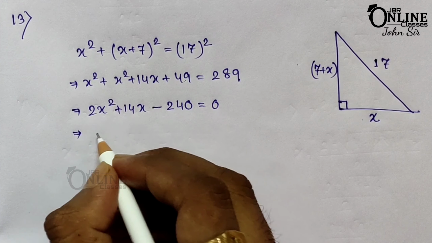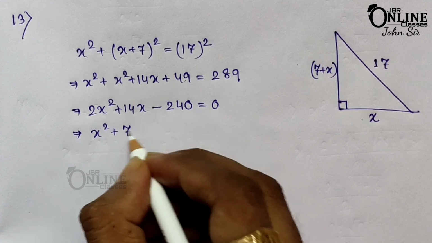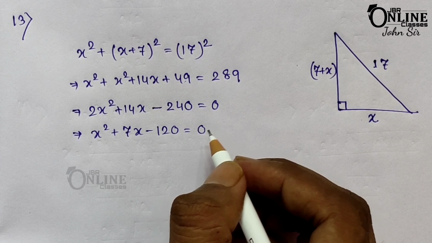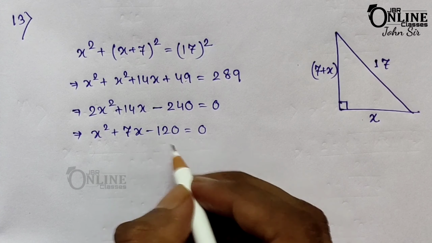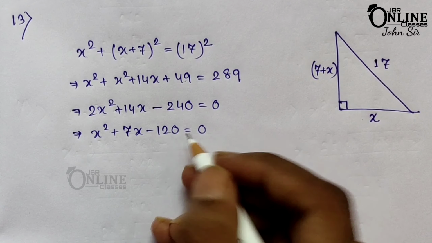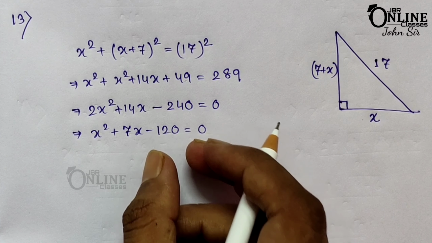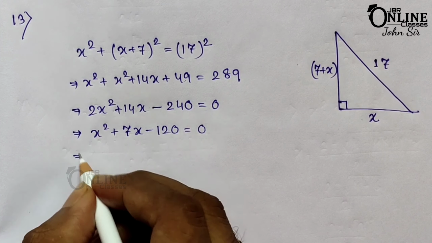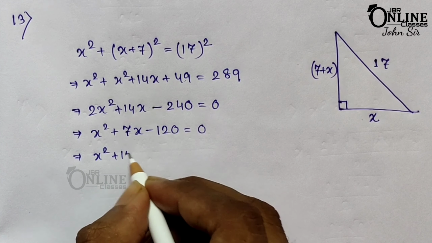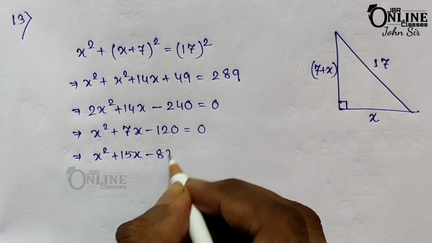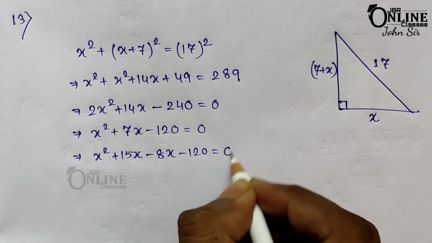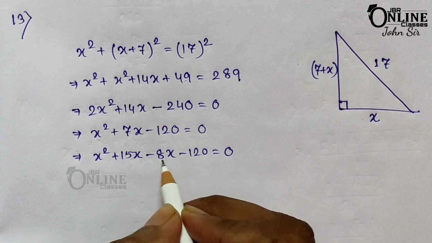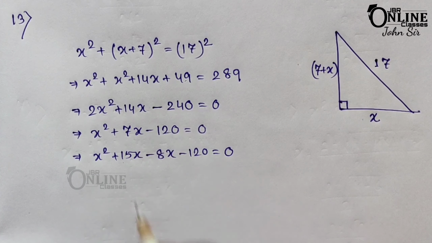So if you divide it by 2, x square plus 7x minus 120 equal to 0. Now the factors of 120 are 15 and 8. So from that, x square plus 15x minus 8x minus 120 equal to 0. It's the middle term factorization method, because 15 minus 8 you will get 7.